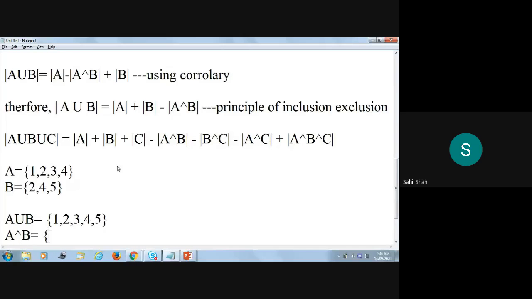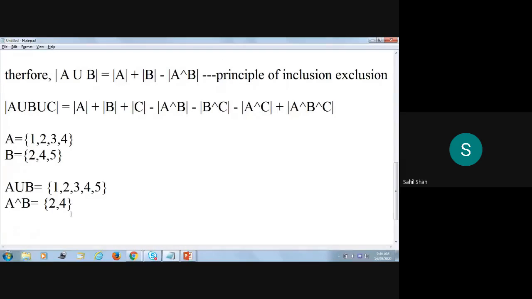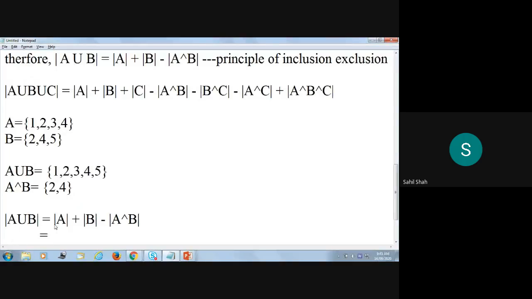I know that in the intersection I am having 2 comma 4. So let us cross check whether our formula holds true. What is our formula? Cardinality of A union B is equal to cardinality of A plus cardinality of B minus cardinality of A intersection B. So I will put in the values and check. Cardinality of A is 4, plus cardinality of B, 3, minus, we have to subtract the common elements just to avoid repetition.